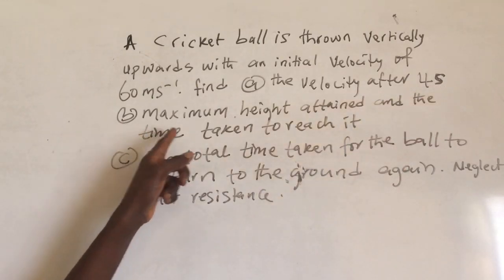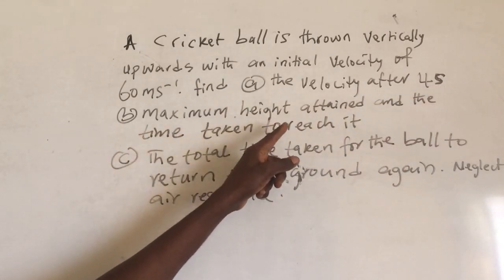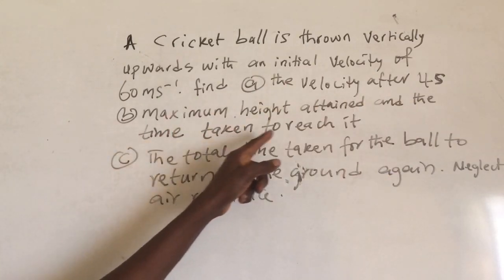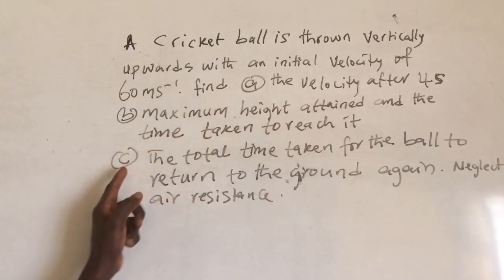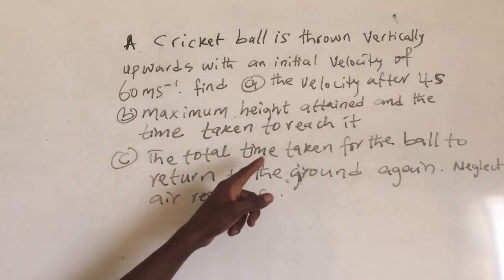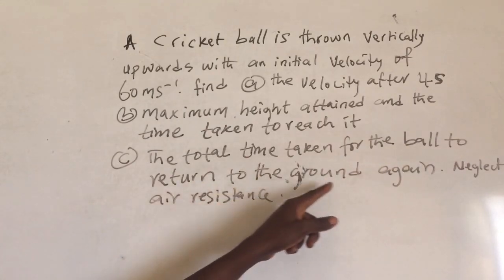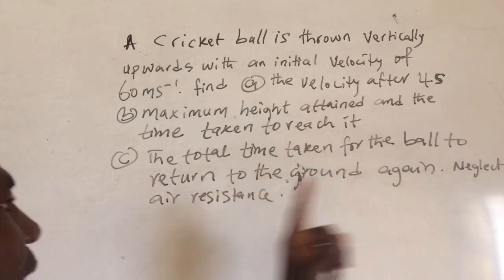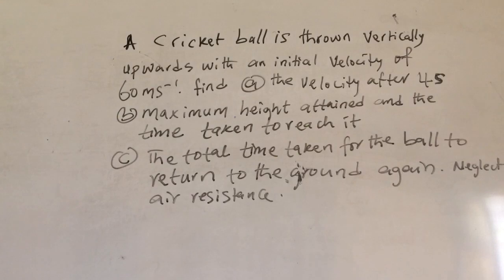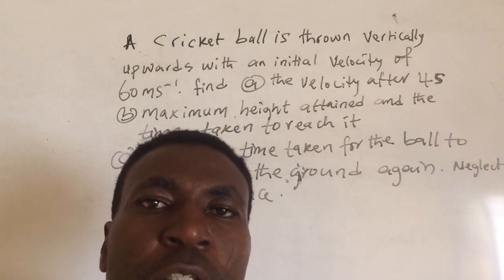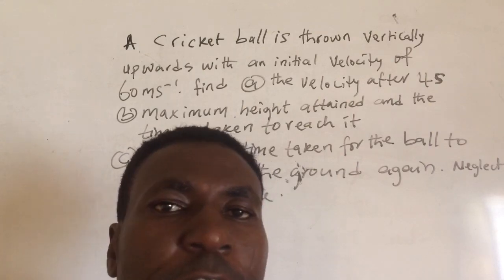B, the maximum height attained and the time taken to reach it. C, the total time taken for the ball to return to the ground again. Neglect air resistance. This is a calculation in motion under gravity.